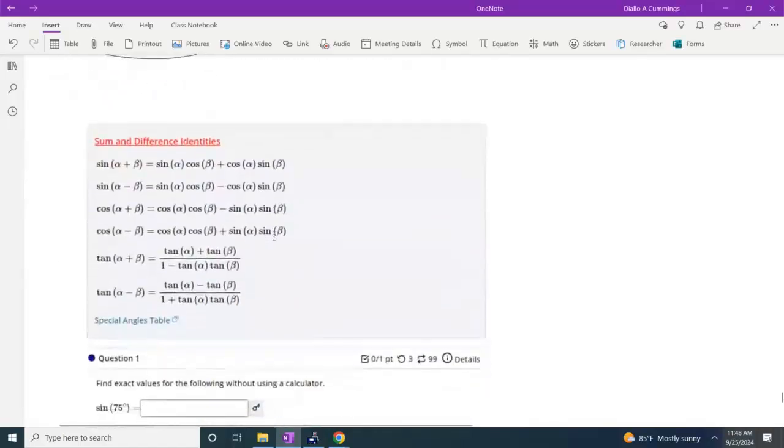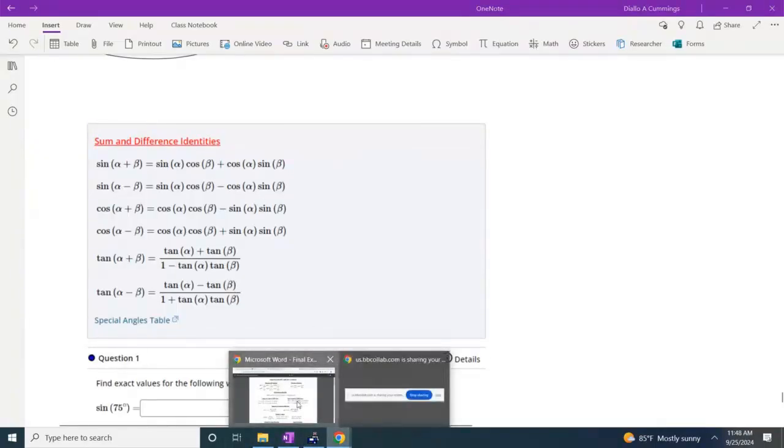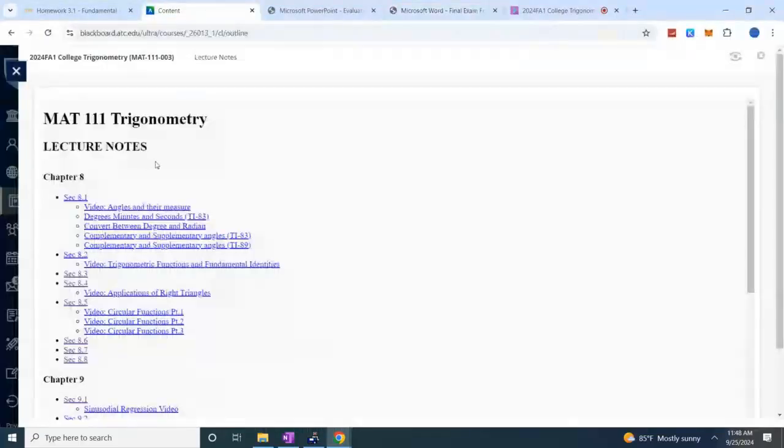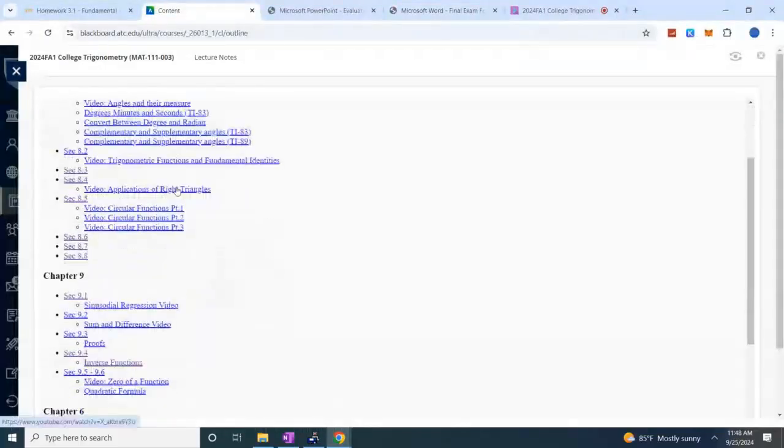All right, now I'm going to introduce the next section, and it's the sum and difference identities. All right, so I'm going to go back to the lecture notes section for just a second. And in chapter 9, there's something that says sum and difference.